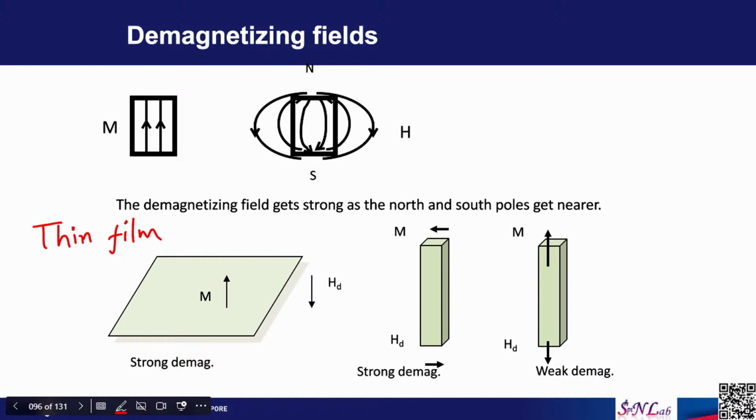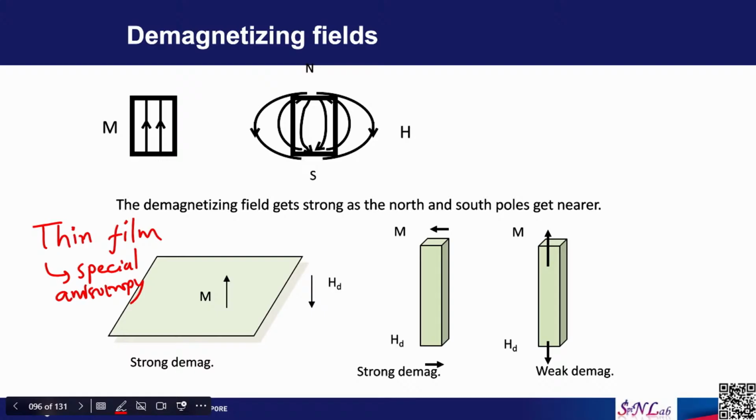When you prepare thin films without any special anisotropy, so if your thin film has no special anisotropy, then the magnetization will never be along this direction.